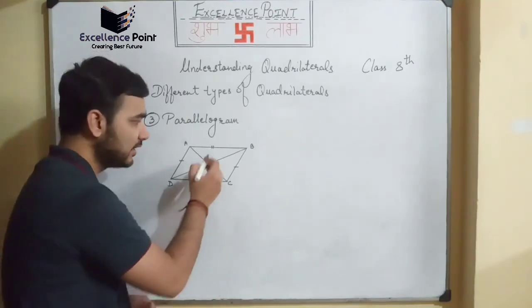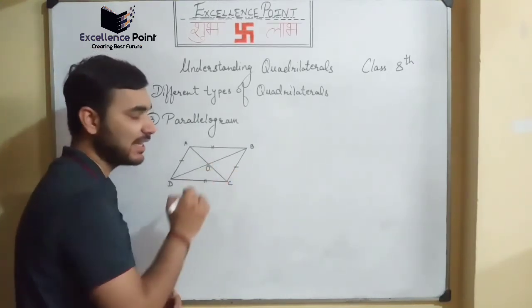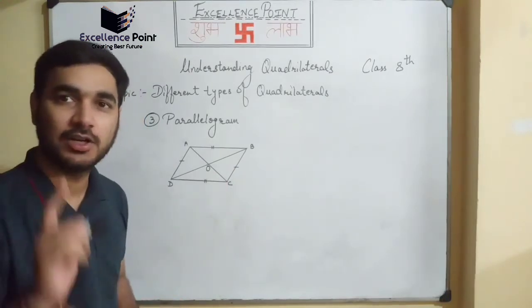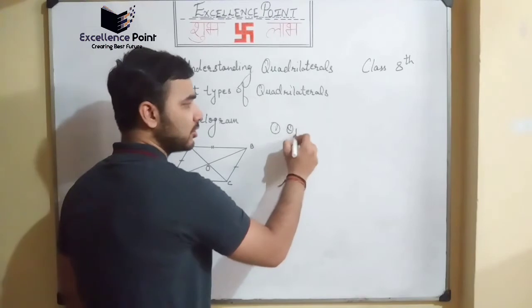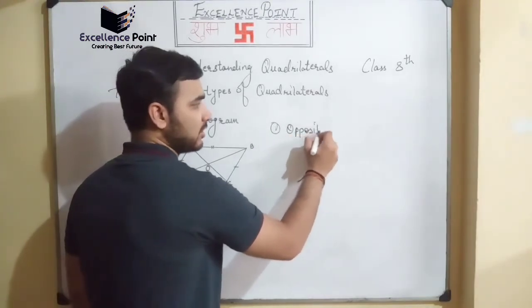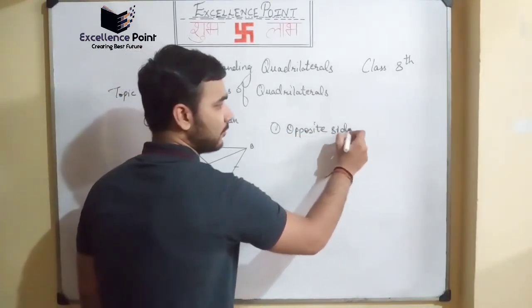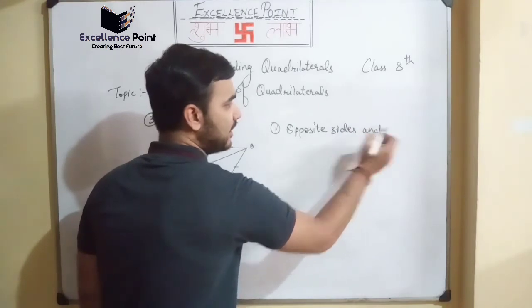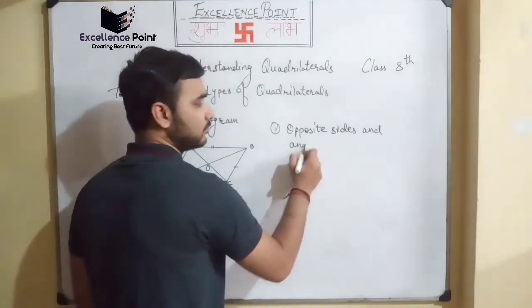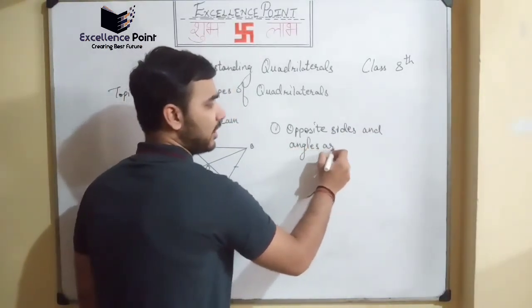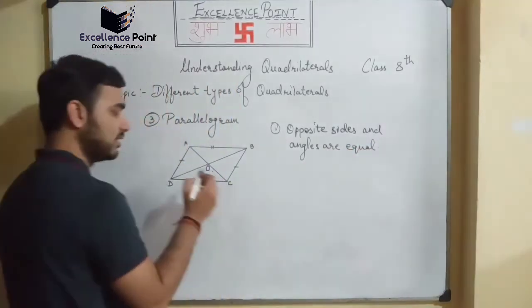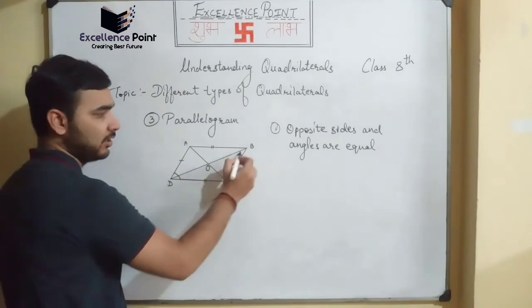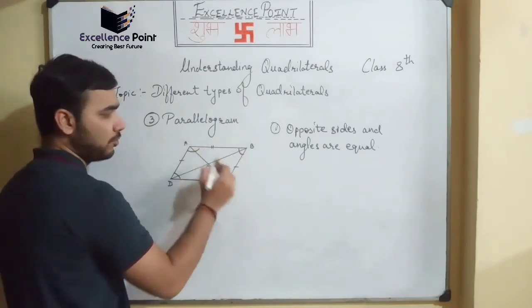So we will see that the opposite sides and angles are equal. It's our first property. The opposite sides and angles are equal. It's the very first property which we used to observe.